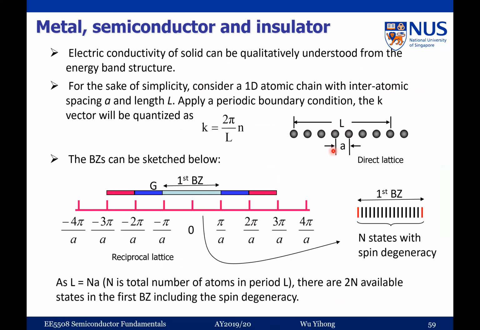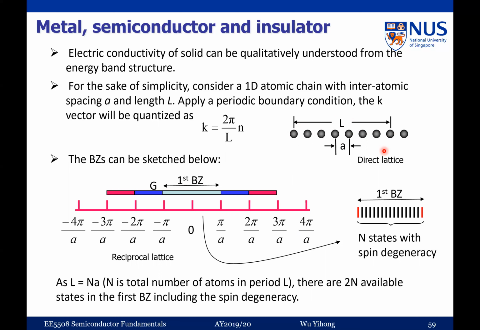Remember when we introduced the concept of phonon, we applied the periodic boundary condition to the lattice vibration, right? We choose a length L, and this lattice will be repeated by this segment, so eventually you can construct a periodic lattice with infinite length in one dimension.